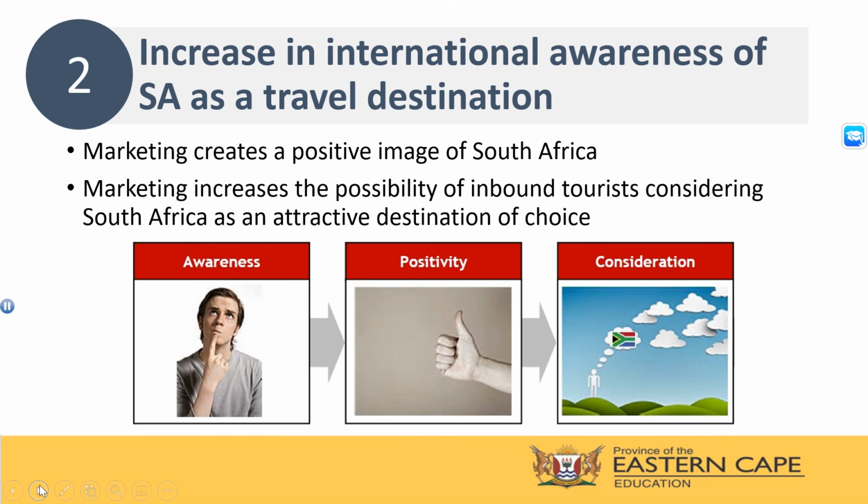That awareness will result in a positive image of South Africa, and finally will lead to consideration of South Africa as a tourist destination. So if you look on the right hand side, all those different clouds represent different countries. So what we want at the end of the day is that your international tourists pick the cloud that has the South African flag on, which means that it could lead to a visit from international visitors to South Africa.